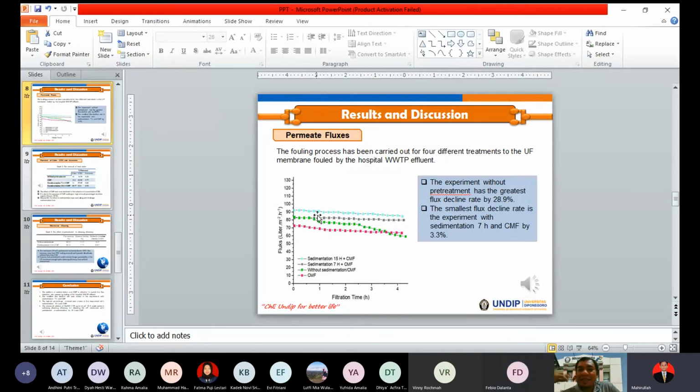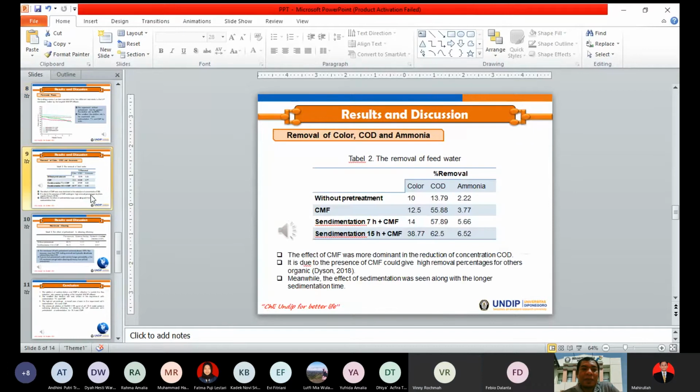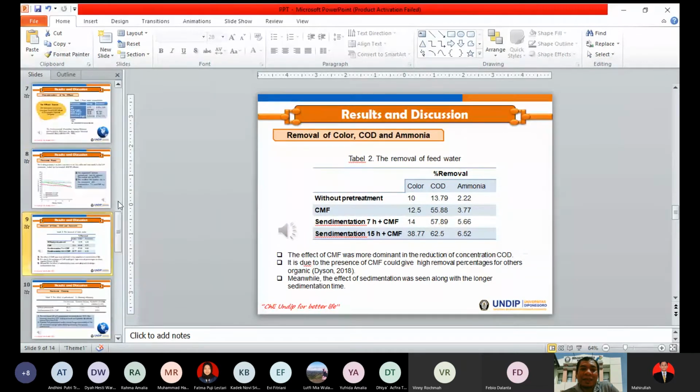I think this result is in accordance. Although, perhaps we have to check also, Mahir, if it is a better way, if you can show us the total dissolved solid, this one, not the COD, ammonia, and color, but I think Fabio will prefer to have your TDS data rather than the COD or ammonia or color.